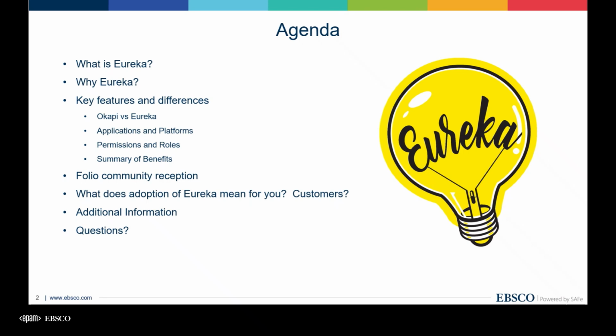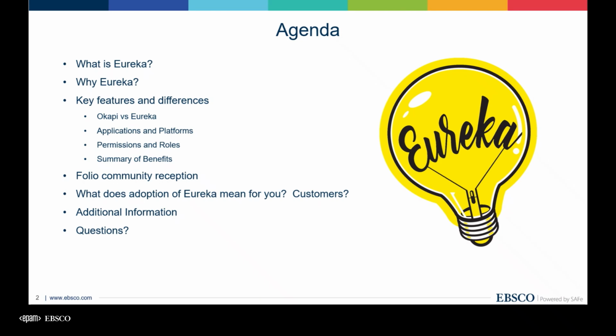Today we'll be looking at what is Eureka, why it was introduced, key features and differences between Okapi and Eureka, a summary of the benefits, as well as a little bit of a deeper dive into permissions versus roles, and what is an application, what is a platform, etc. We'll look at the Folio community reception, a little bit of the history behind how this was brought to the community.